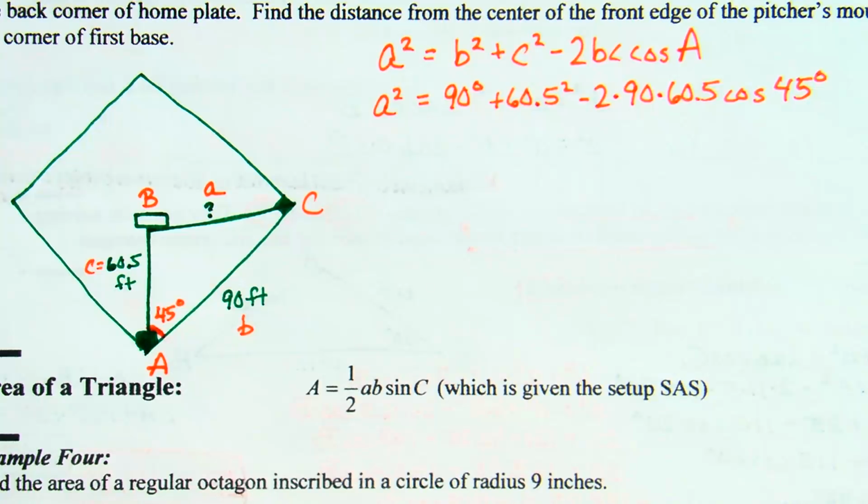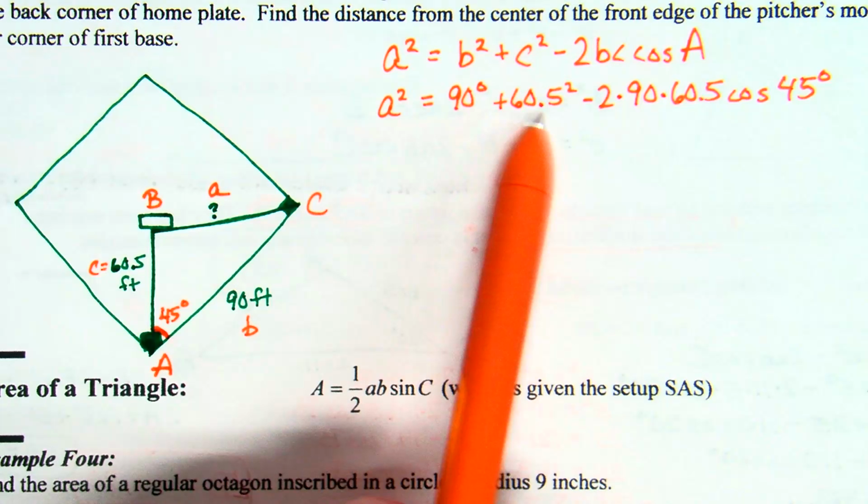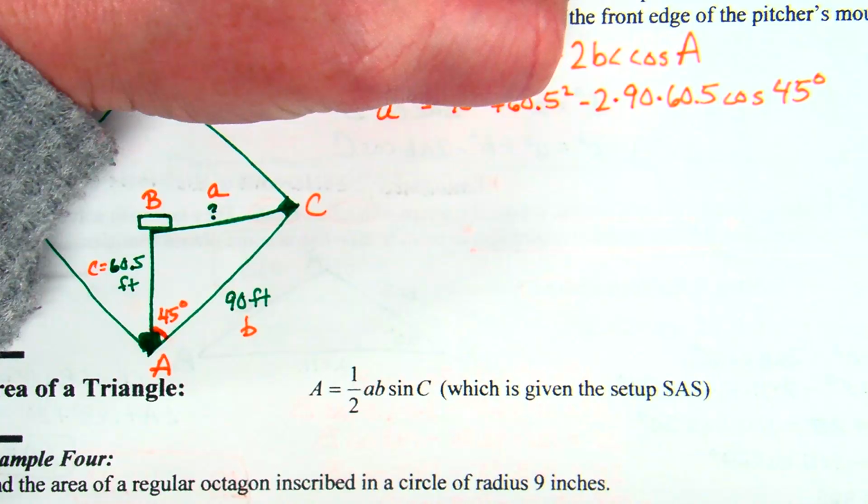Okay. You can start doing simplifying pieces right there. Or technically, you could plug that whole line into your calculator, couldn't you? Yeah, that's what it was. You could go ahead and do 90 squared, and you could go ahead and do 60.5 squared. You could go ahead and add those.